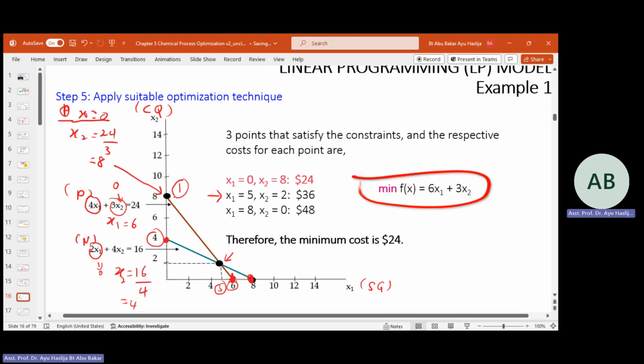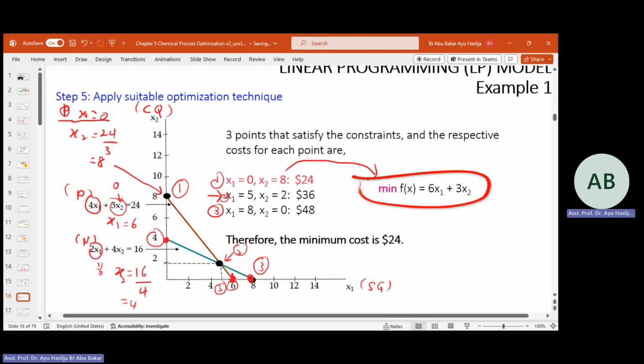This is the first point, second point, third point. Okay, so using the x1 and x2 values, you plug into the objective function to find the minimum cost.